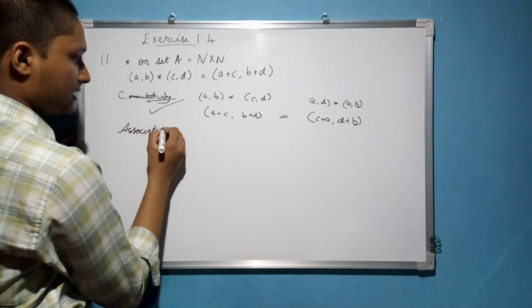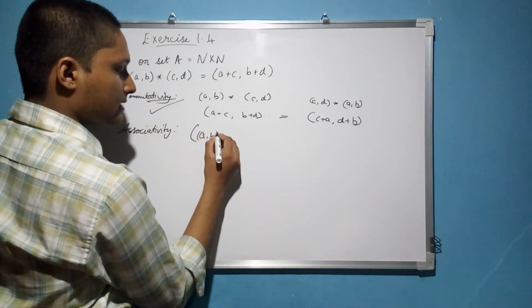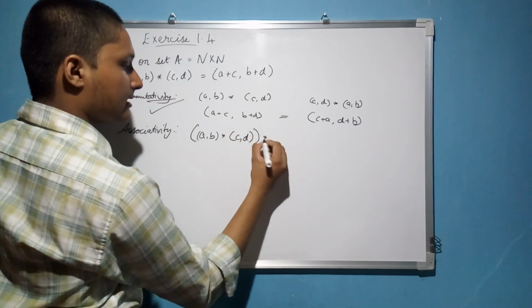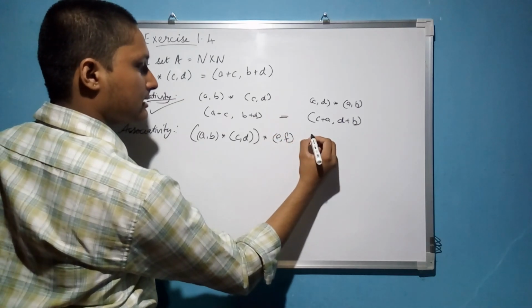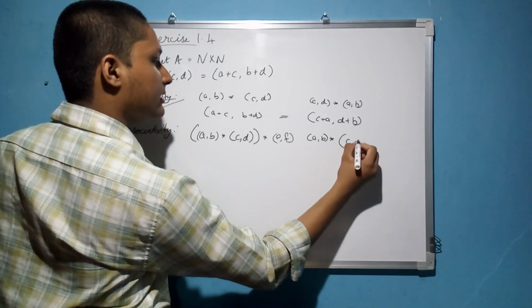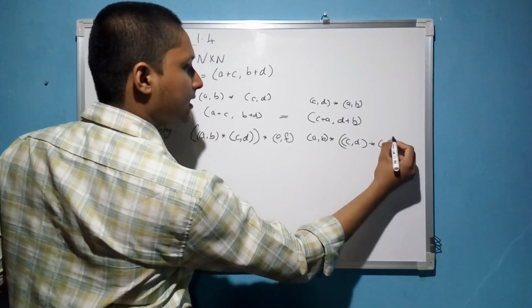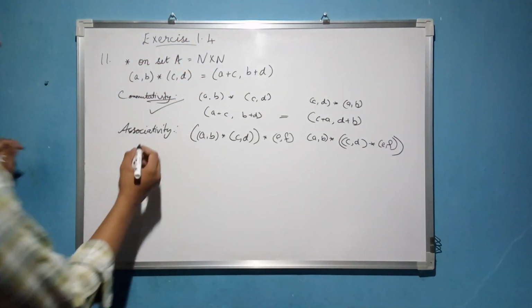Now for associative. For associativity, it should be ((a, b) star (c, d)) star (e, f). This is the first one. The second one is (a, b) star ((c, d) star (e, f)). You need to check whether these two are equal. If it is equal, then it is associative.